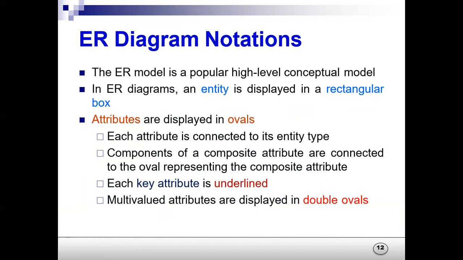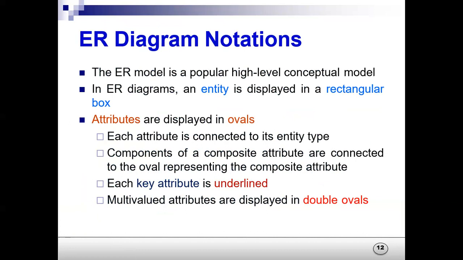So in the ER model, we represent the entities using a rectangular box. Suppose student, we keep it inside a rectangle box, and the attributes are represented in oval. Okay, and we have relationship also. I think relationship is not mentioned, leave it, let me tell you.